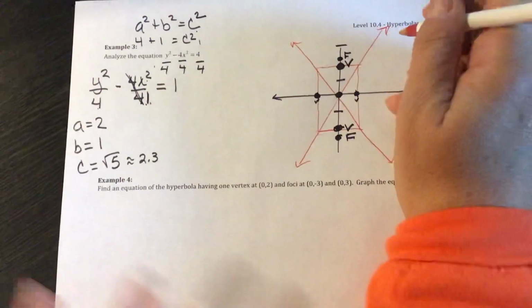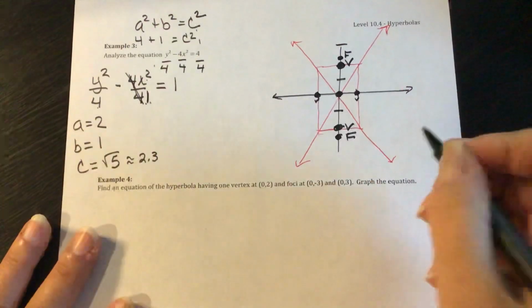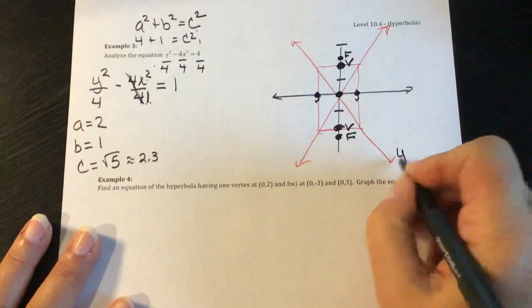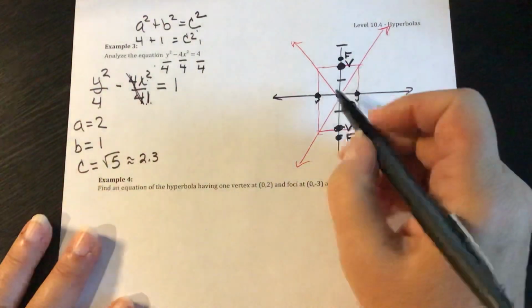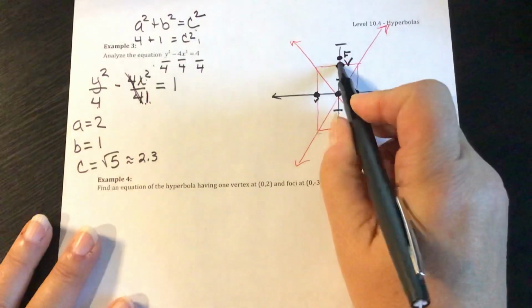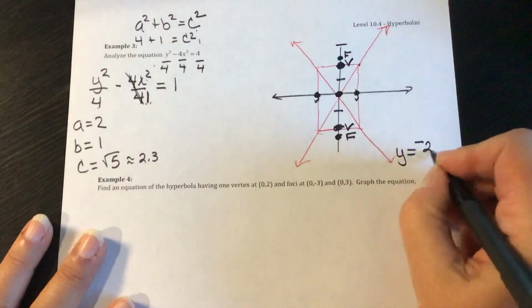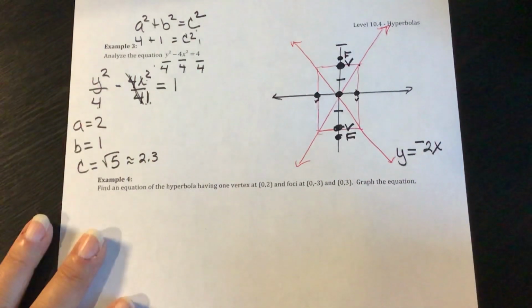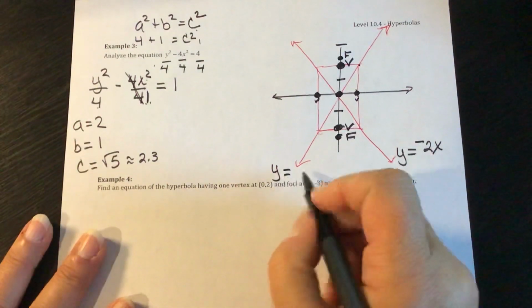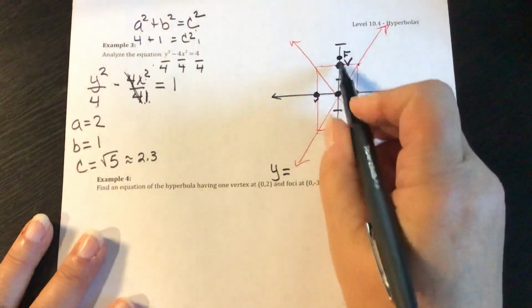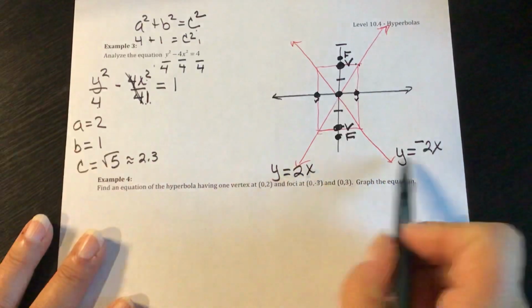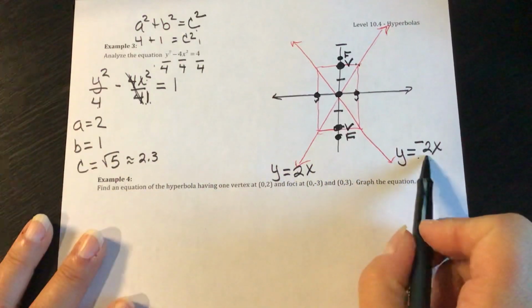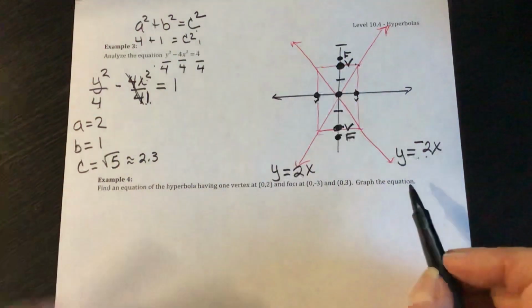And if I were to write the equation of this, this line is y equals negative because it's going down. My slope is up 2 over 1, so negative 2 times x. This one is y equals positive 2 over 1 times x. They're the same slope, just one is positive, one is negative.